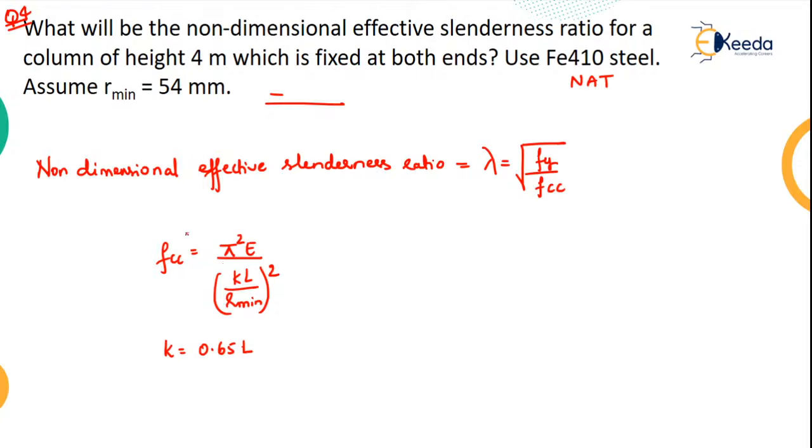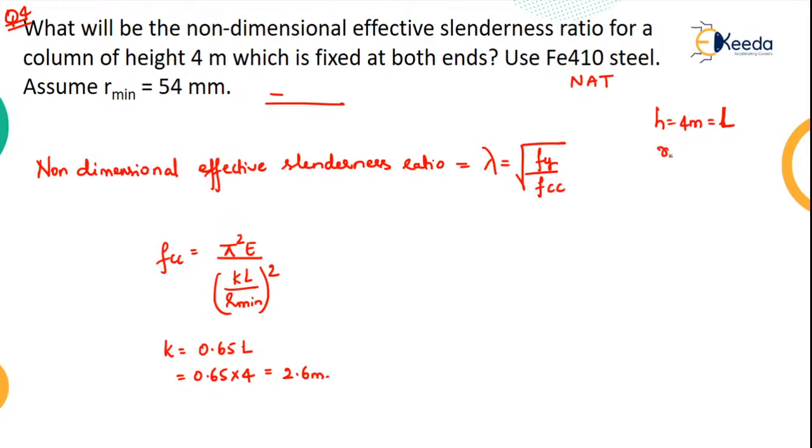Height is nothing but the length of the column you can consider, capital L. So KL will be 0.65 of 4, which is equal to 2.6 meter.